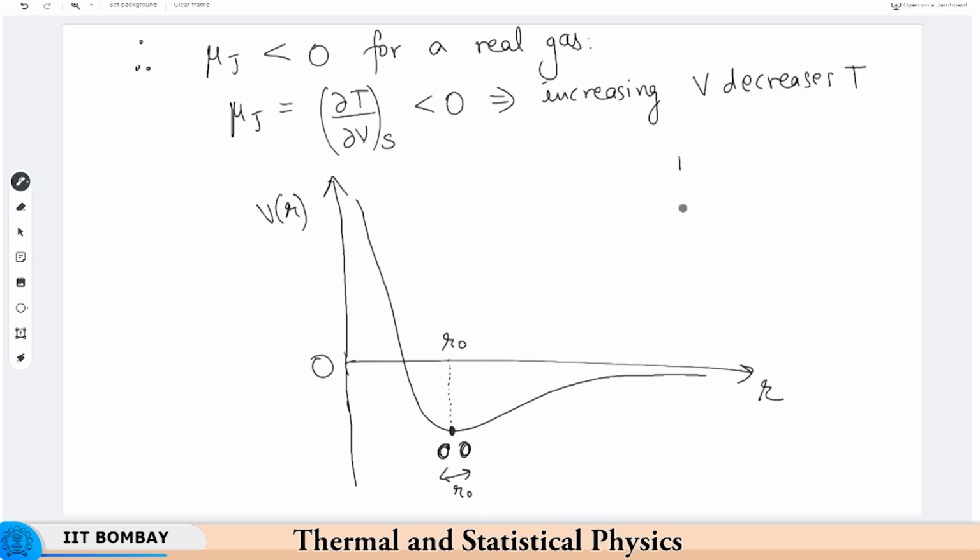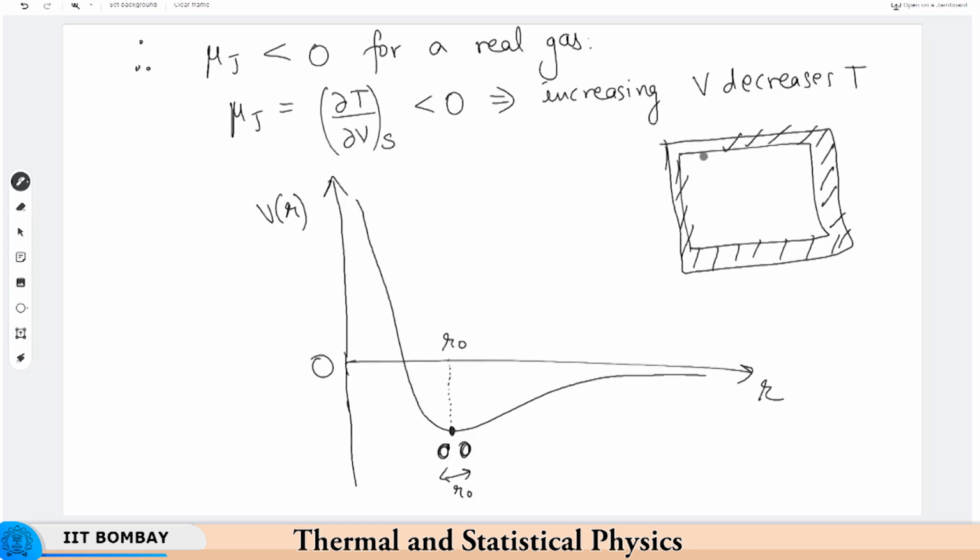And remember, this system is still insulated. It can't really exchange heat with the surroundings. So, one condition that will always remain true is that its internal energy cannot change upon expansion. Before expansion the potential energy is somewhere here, let me call it initial.